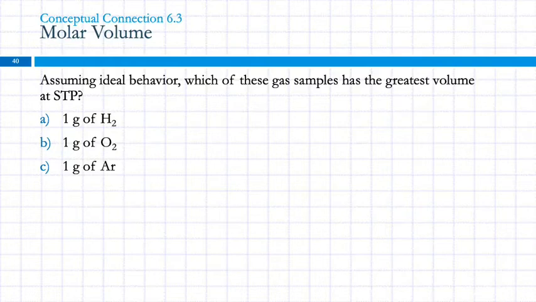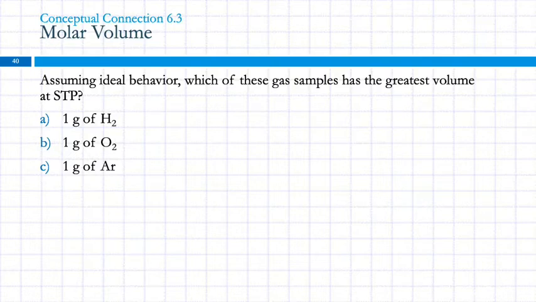So then we can ask conceptual questions like this. Assuming ideal behavior, which of these gas samples has the greatest volume at STP? So what are we even thinking about here? Greater volume means more particles, right?